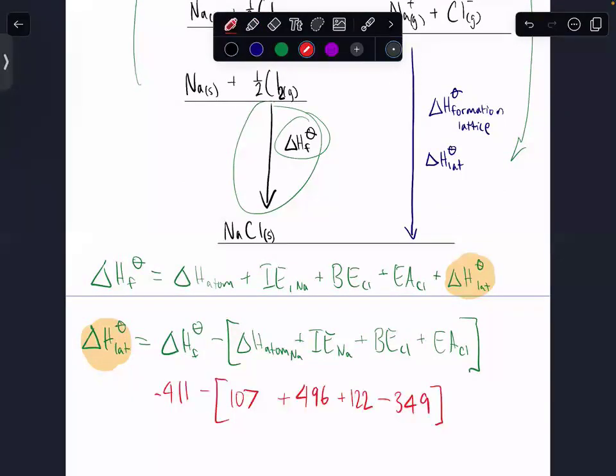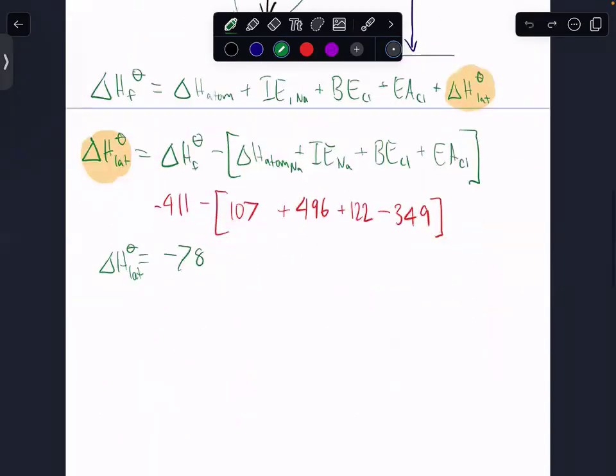So after pulling these values from the data booklet and embedding them here, these are the proper values to solve for lattice enthalpy. Then all we have to do is just put that in our calculator to find that our delta H formation of the lattice of sodium chloride is equal to negative 787. I want to rewrite that. Negative 787 kilojoules per mole.